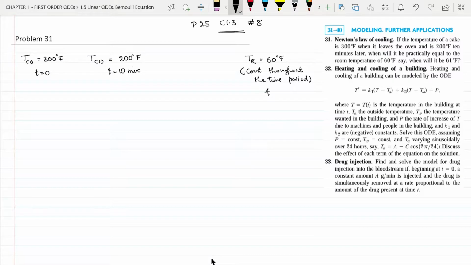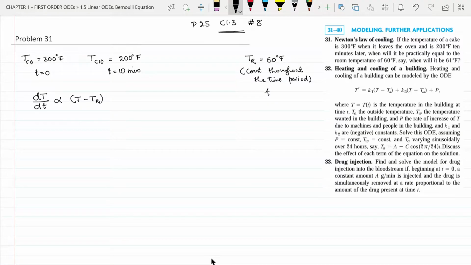Newton's law of cooling says the rate of change of temperature with respect to time, that is dT by dt, where T is the temperature of the cake, is proportional to the temperature difference between the body and its surrounding, that is, proportional to the temperature of the cake minus the temperature of the room.